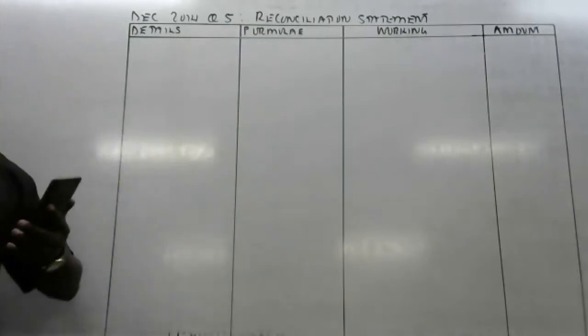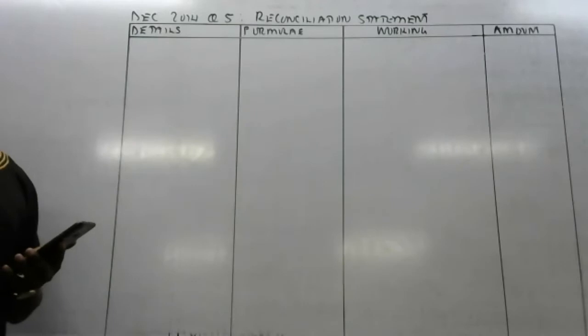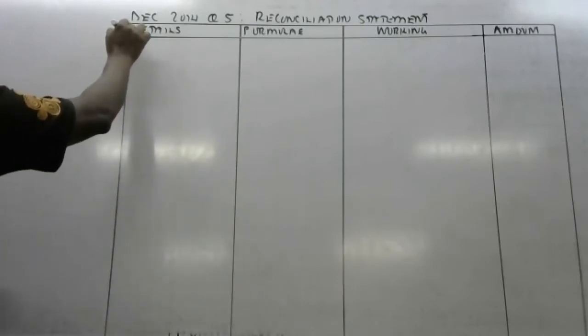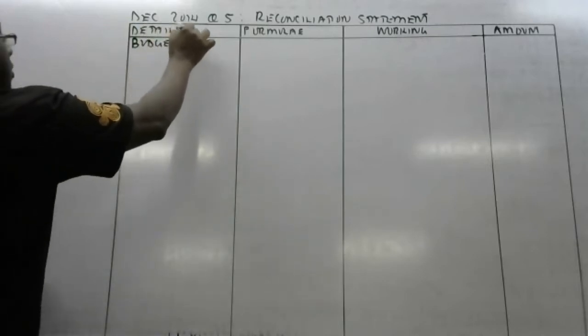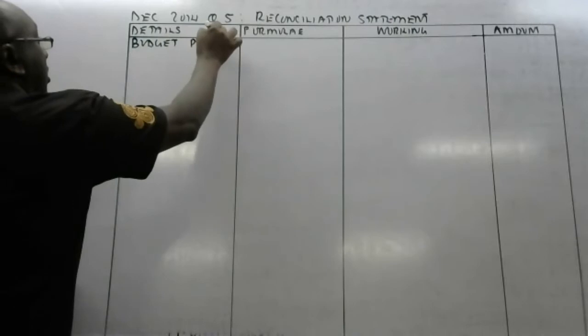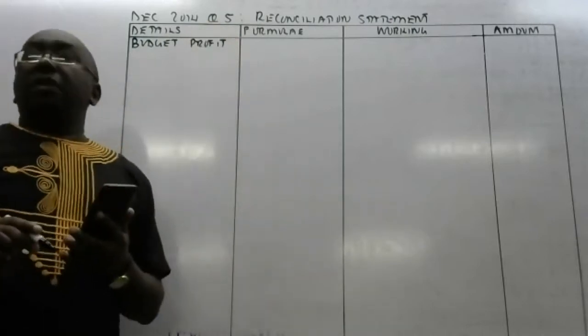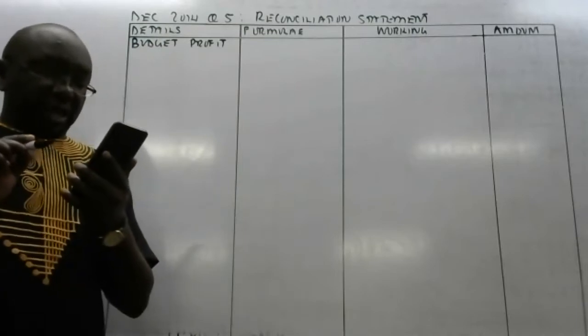As I told you last time, the format remains. So the first thing to bring is therefore budget profit. Now for the budget profit, it is already provided.